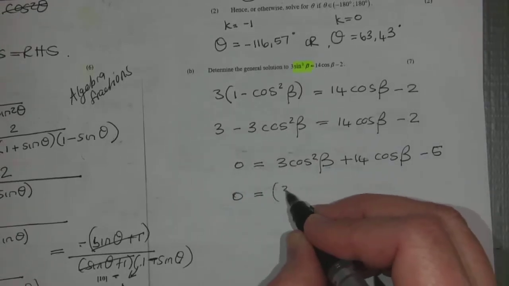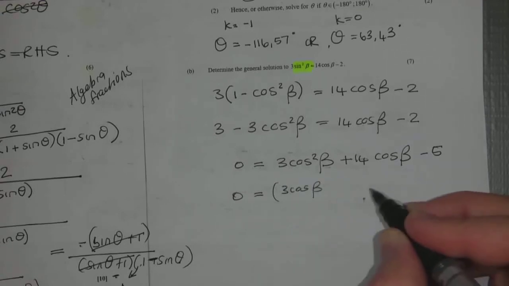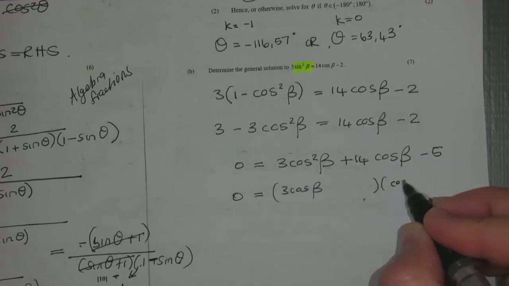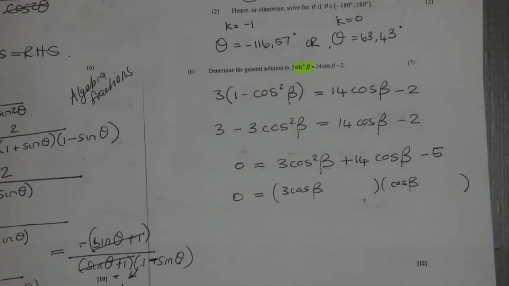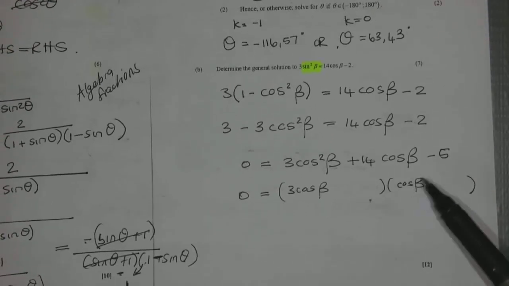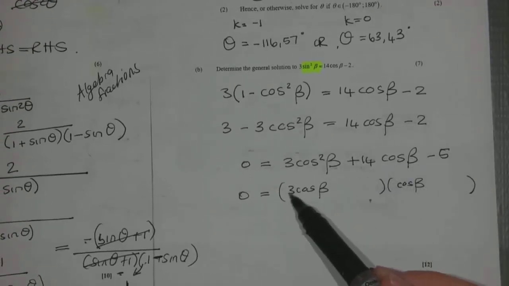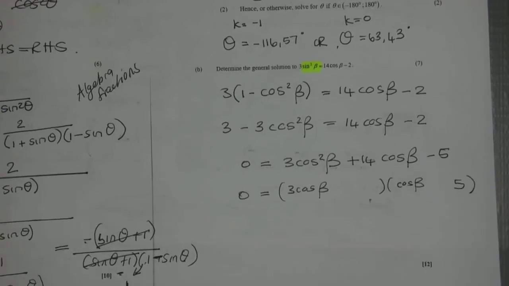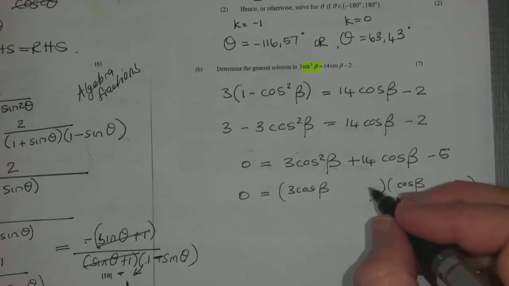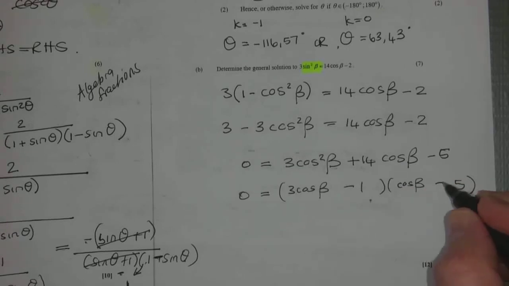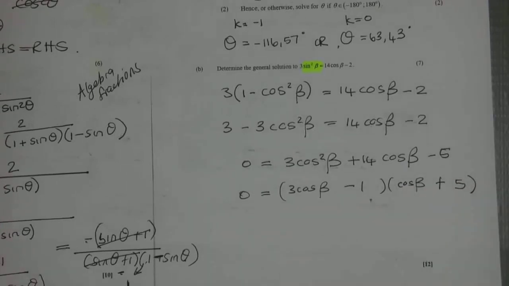So I'm going to have 3 cos beta in one bracket and 1 cos beta in my second bracket. Keeping in mind I need plus 14, so 3 times 5 is 15 minus 1. So it's going to be 3 cos beta minus 1 and cos beta plus 5.